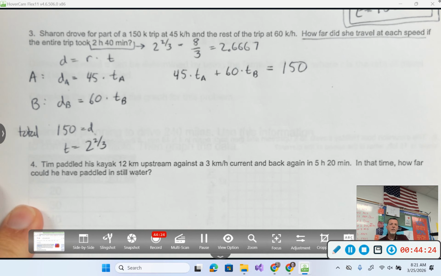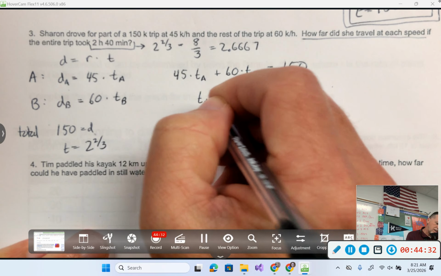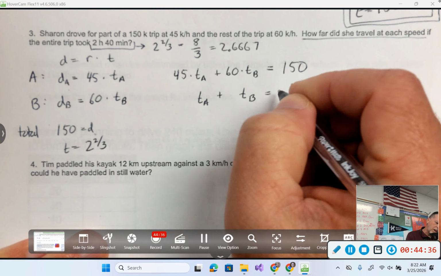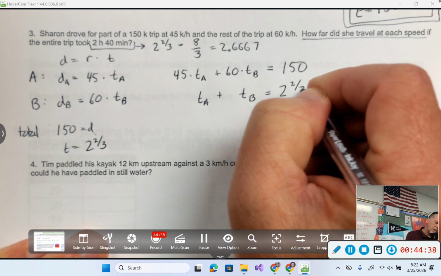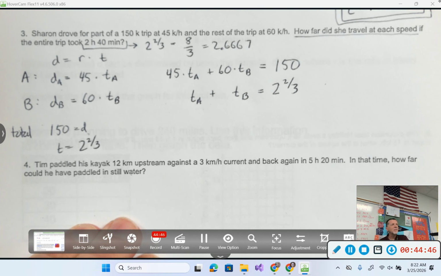What else do I know? What do I know about those two times? The two times add up to 2 2/3. Oh man, that's a system of equations. They haven't done one of those in a long time. Let's see.